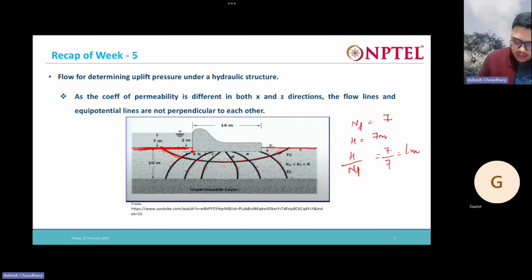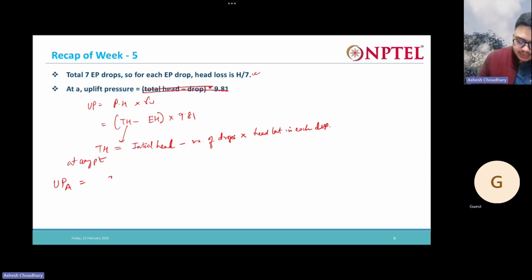I need to find it at point A. A falls on this equipotential line. From here to here, when I come, there is one drop. So from 7, one drop times the head lost in each drop, H by 7, that is again 1.